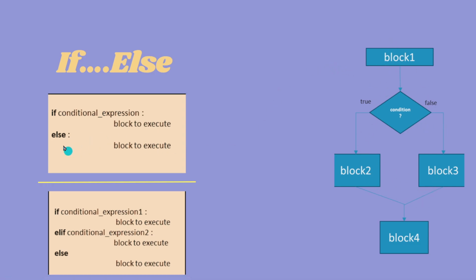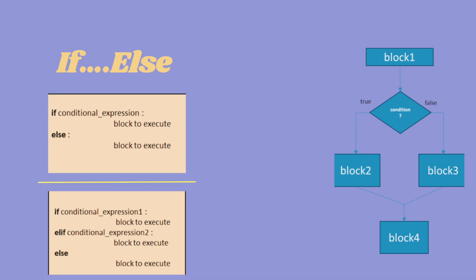Other than that, you can also check the statement. So how do we write an if condition? If conditional expression, colon, and then the block of statements to execute, then else, colon, block to execute. So this is the format we use to define if else. Now let's understand what happens if we have a condition and inside that again we have an else if condition.